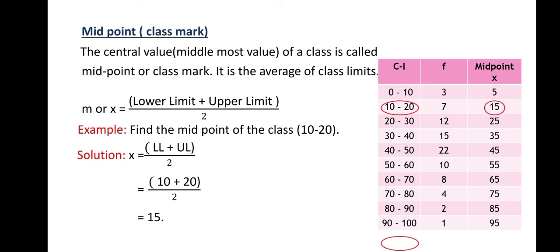The midpoint of the class 60 to 70 is 60 plus 70 divided by 2, we get 65. In this way we can calculate the midpoint of all the classes. So midpoint is nothing but the average of class limits.